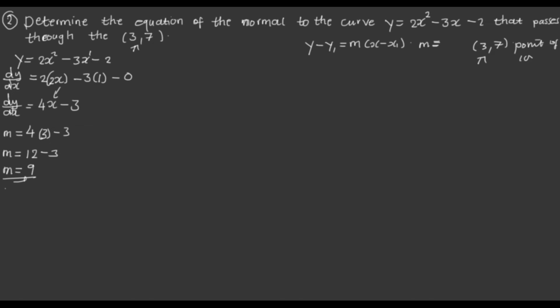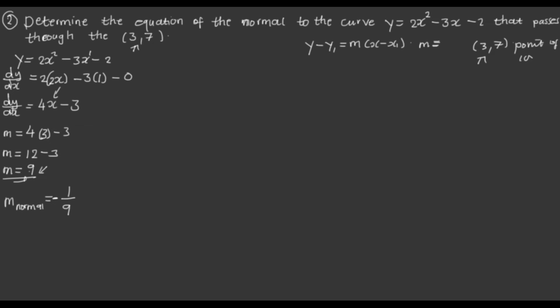So if you have the gradient of the curve or the tangent and you are trying to find the gradient of the normal, if you have a whole number like 9, the gradient of the normal will be equal to 1 over 9, but it will have a negative sign. So if you have a whole number like 6 or 7, you make it a fraction, 1 over that number.